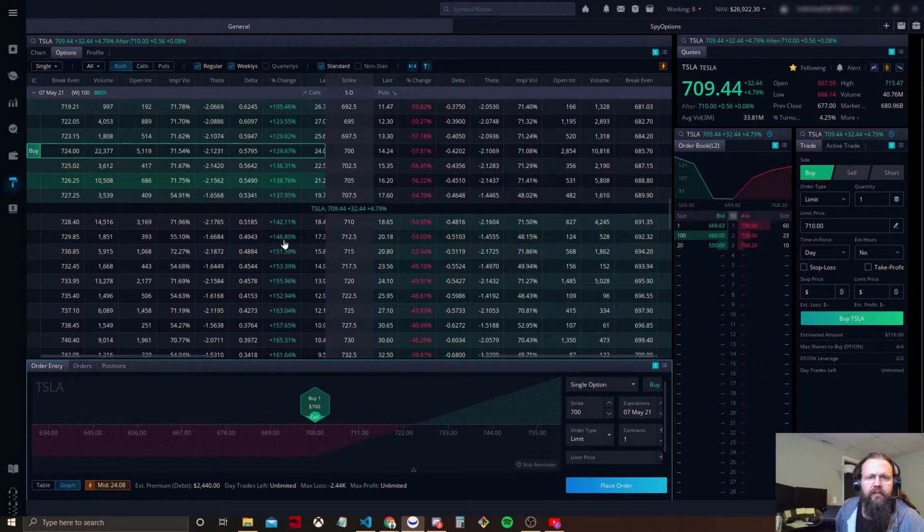And those 720s were in my targets earlier. So let's see what other options we can find that are still within a reasonable target and a bit more affordable.